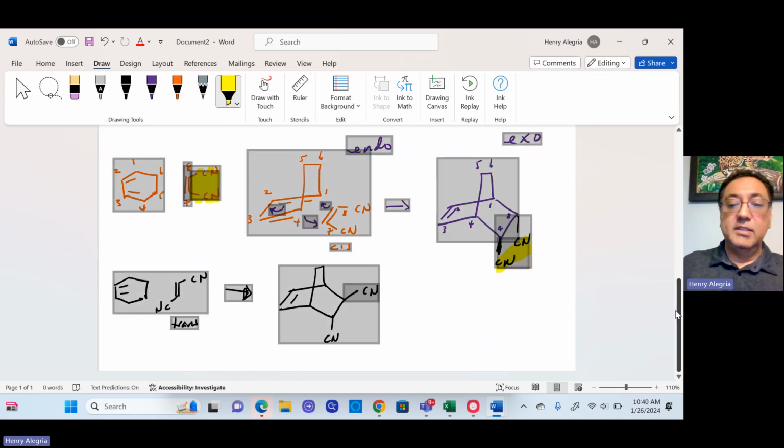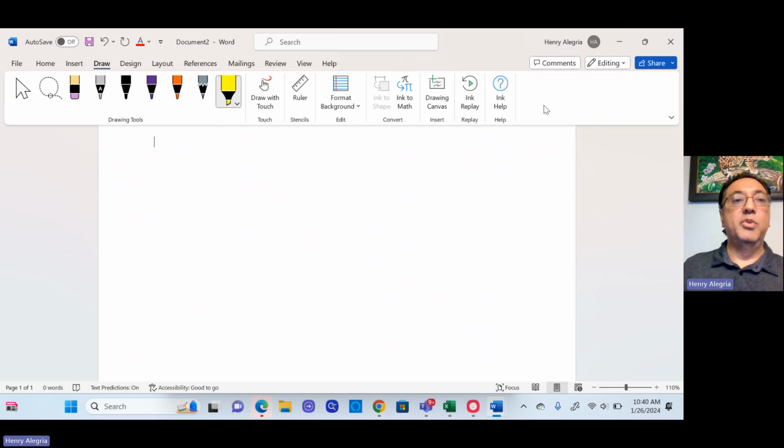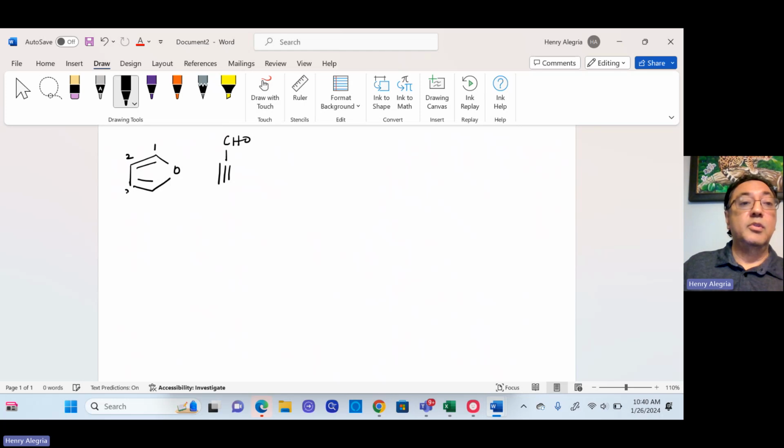A couple more things, one more thing that I want to point out. So let's say that I had started off with the following. So let's say that's my diene, and this time, this is going to react with, let's say that. So 1, 2, 3, 4, I'll give 5 to the oxygen, 6 and 7.